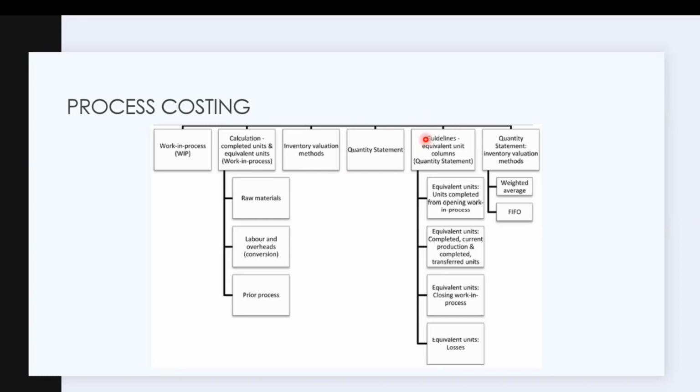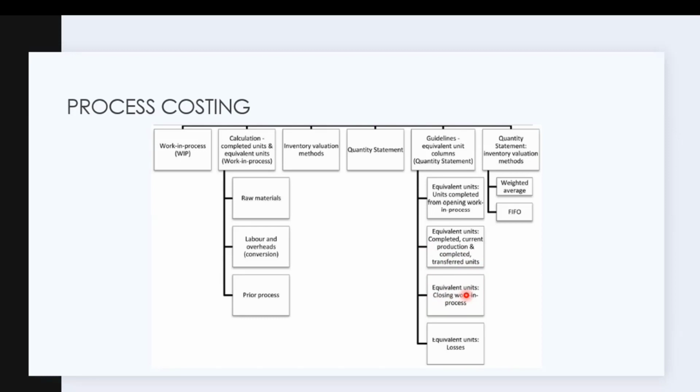You will see it as we go. Here it's an extension of the quantity statement to equivalent units, where you're showing opening work in process, what's been completed, the current production, and what is meant to be transferred.